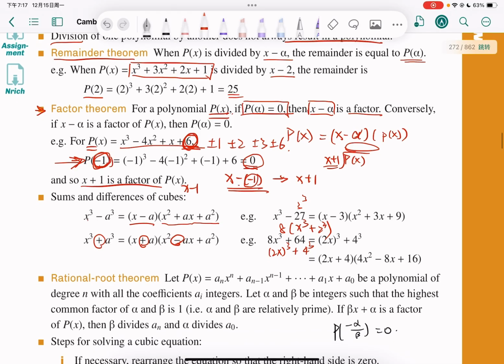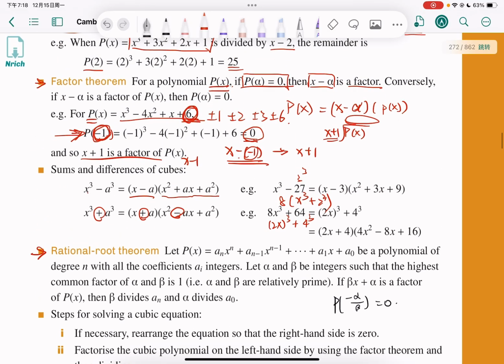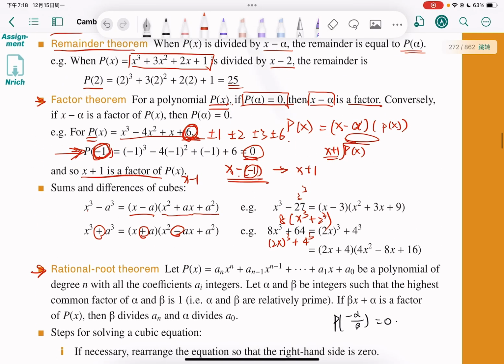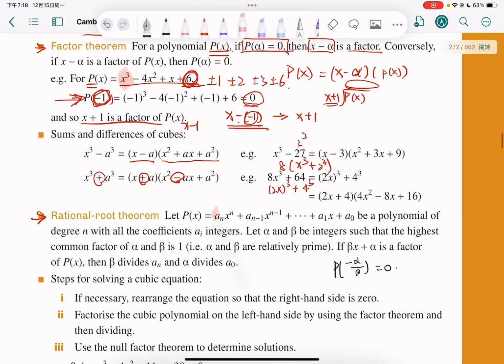Okay, now the rational root theorem. So for previous examples, note that we have the leading term with a constant 1 in front. But now we have another non-one constant, for example a_n, and a constant term a_0.